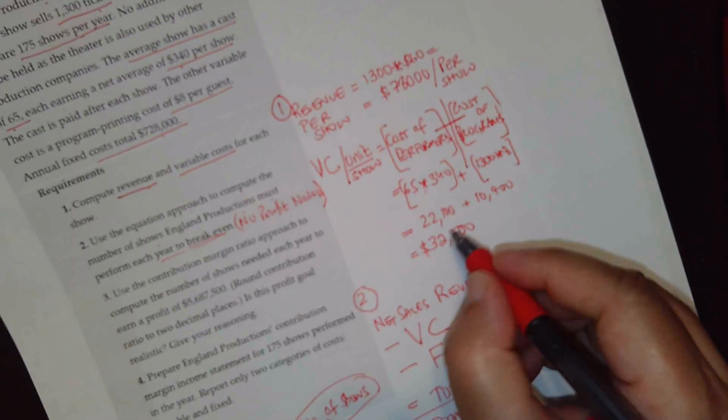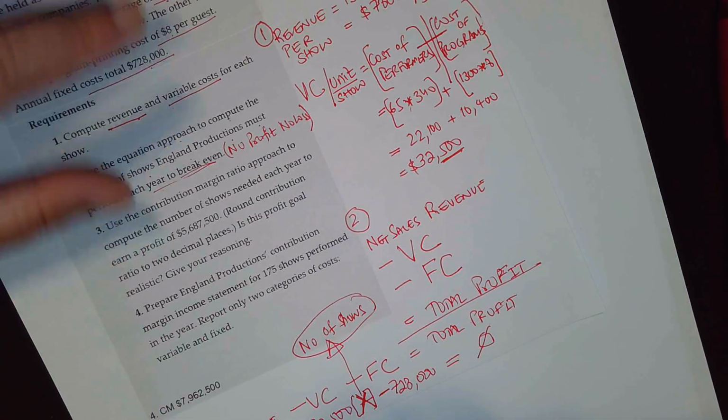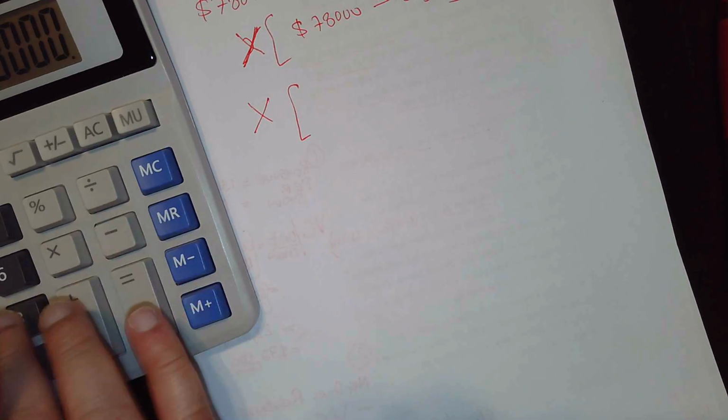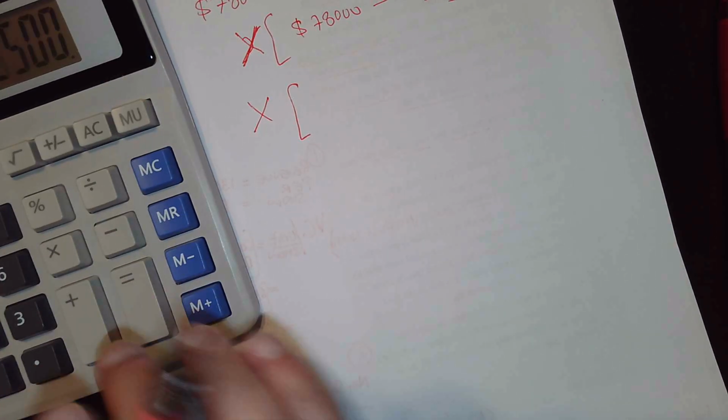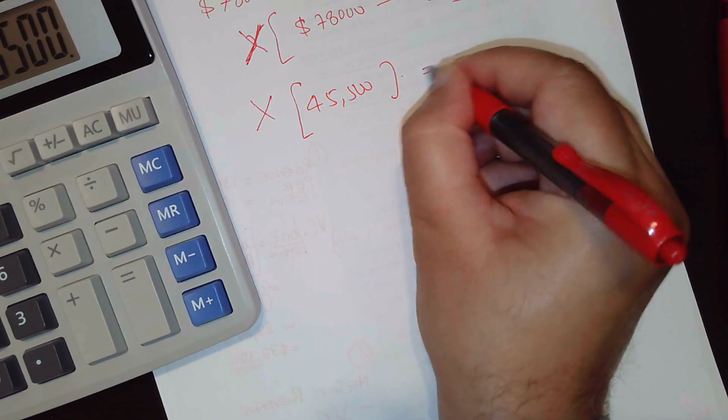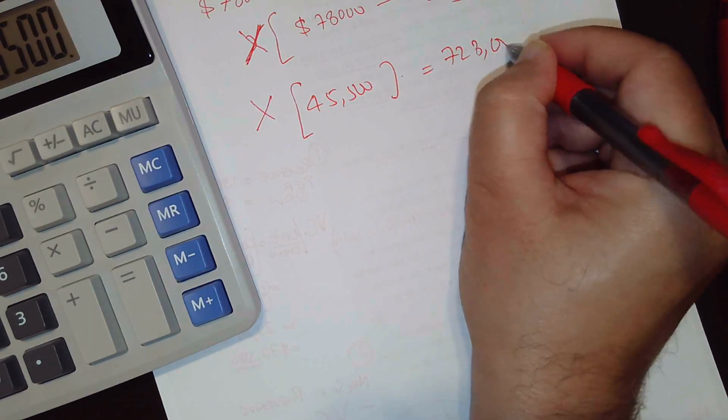This number is 72,500. I put it over here, but I haven't carried over. So 78,000 minus 32,500 gives us 45,500, and we have 728,000.